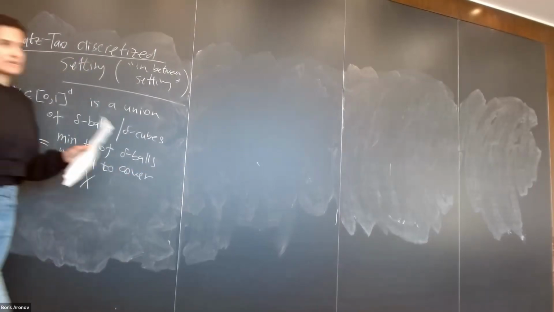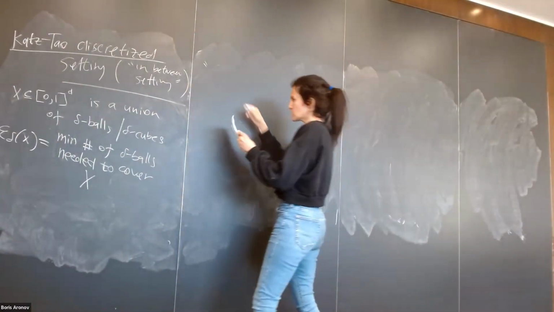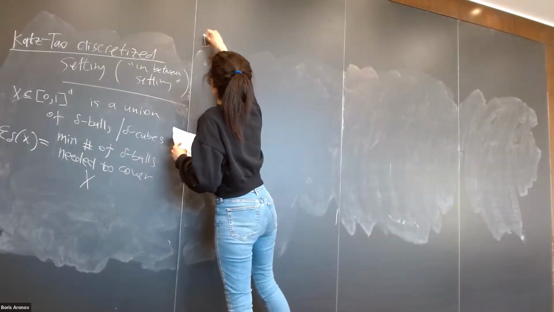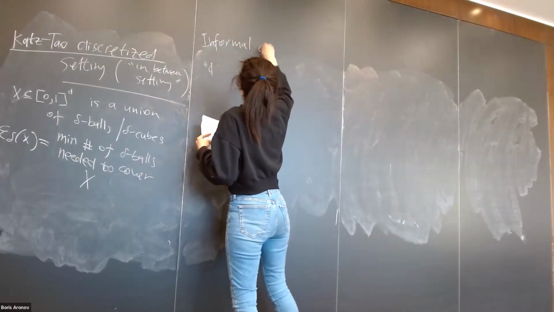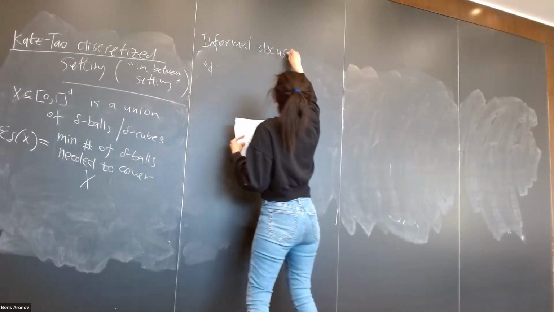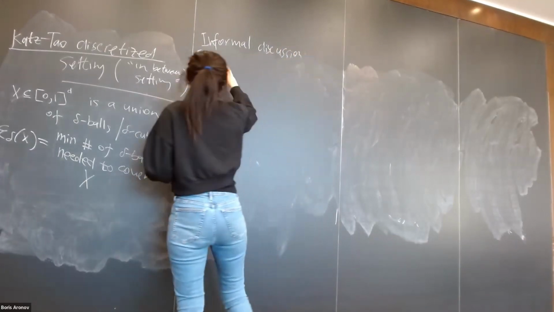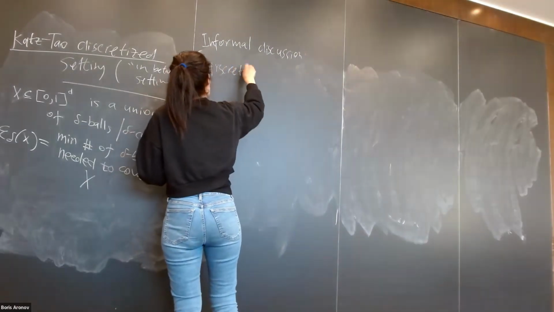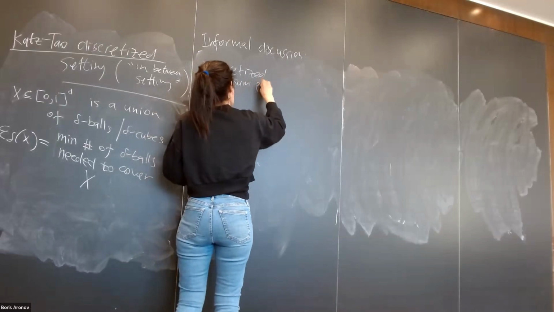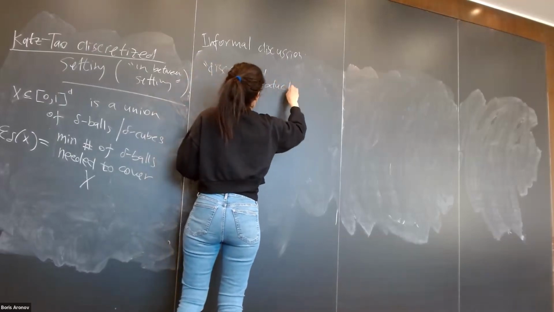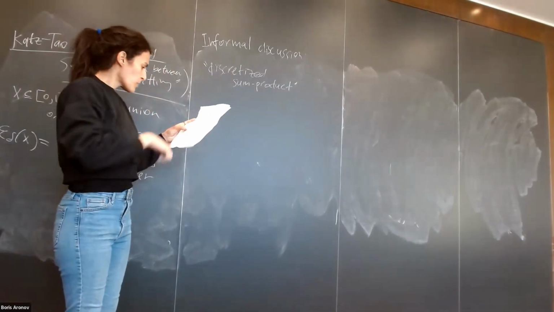So let's look at an example of a statement in this setting. Kind of an informal discussion. So discretize some product, that's fine. What kind of statement to expect here?